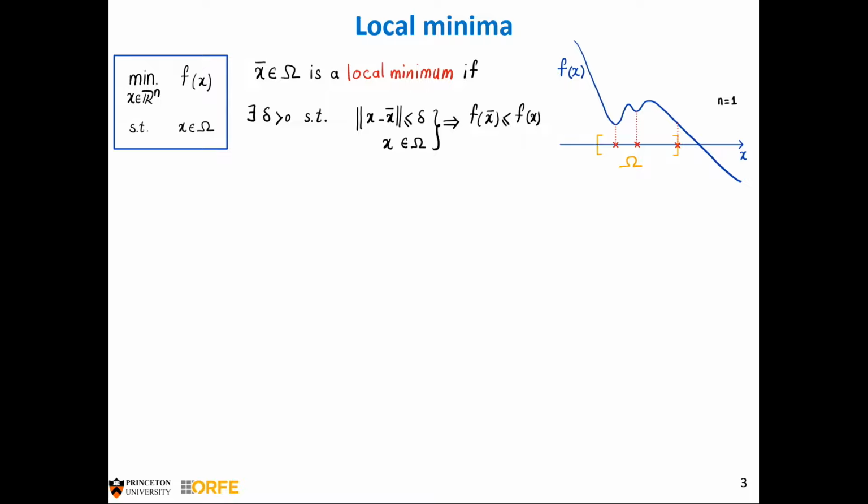Right? And delta is allowed to be as small as you want. It just has to be positive. So for this toy univariate example, f has 3 local minima, these 2 in the interior, and this one on the boundary, because comparing to the feasible neighbors, this point on the boundary is better in objective value.